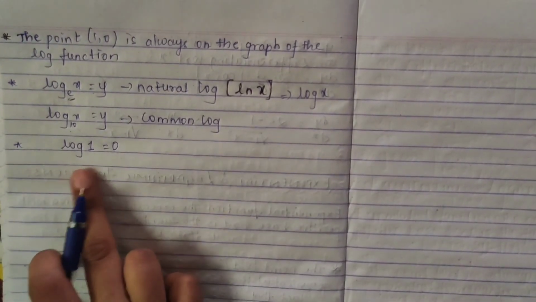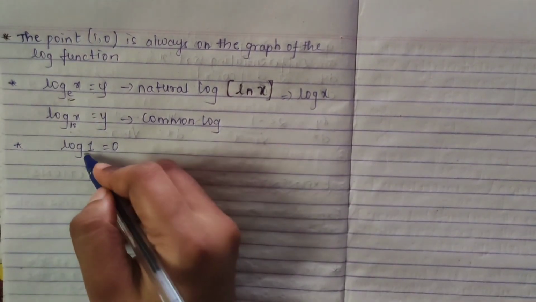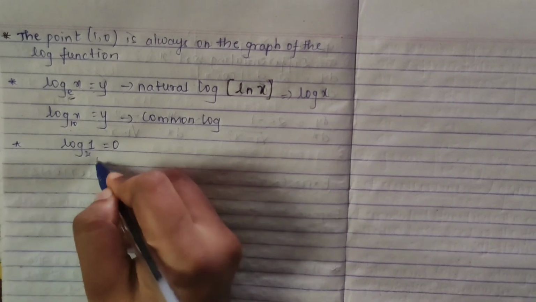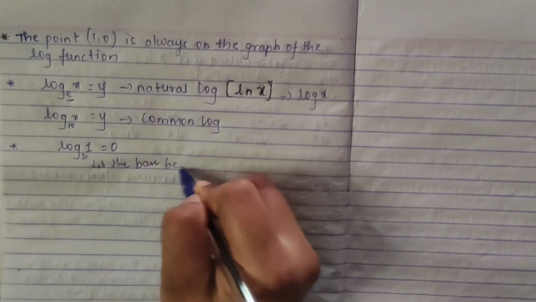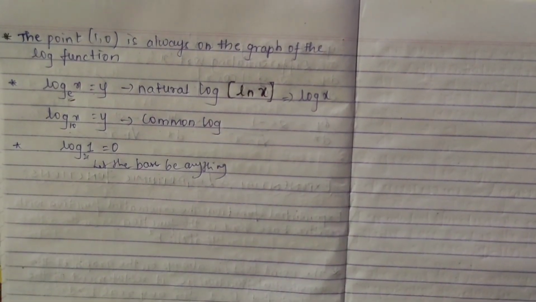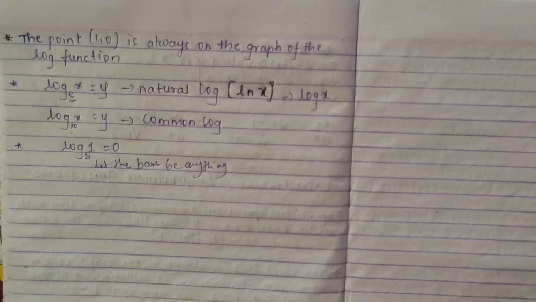And log 1 is always 0. Let the base be anything, natural log or common log, log 1 will always be equal to 0.